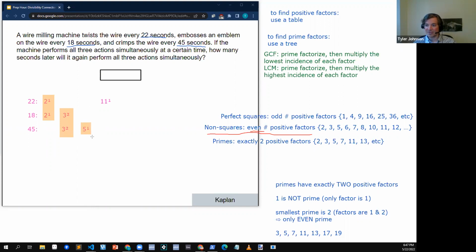From the 5's, I've only got the choice of the 5 to the first. Same for my 11's. So my LCM, it's going to be 2 times 3 squared times 5 times 11, which is 10 times 9 times 11, which is 10 times 99, which is 990. Your correct answer there.